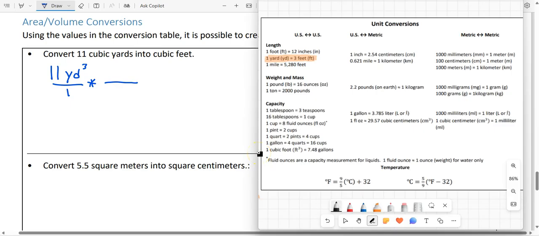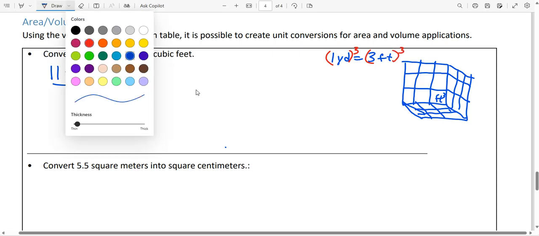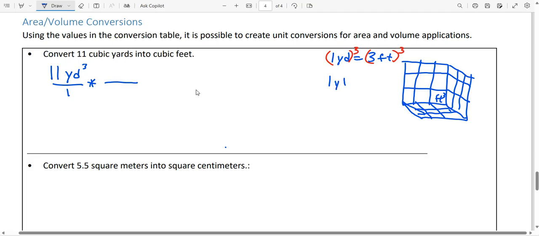This is how it can be done. So 1 yard equals 3 feet. If we were to take that equation and cube both sides, we would get a new one. 1 cubic yard equals, now here we have to do 3 cubed. 3 times 3 times 3 is 27, and then feet cubed.